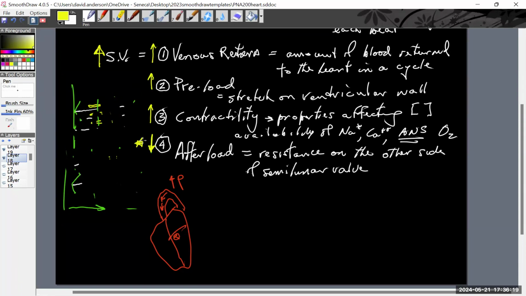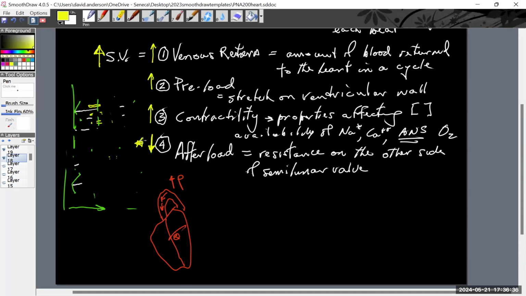So think of afterload like blood pressure, hypertension. If the pressure in the aorta is very, very high, maybe because somebody has high blood pressure, that's harder on the heart. That reduces efficiency.